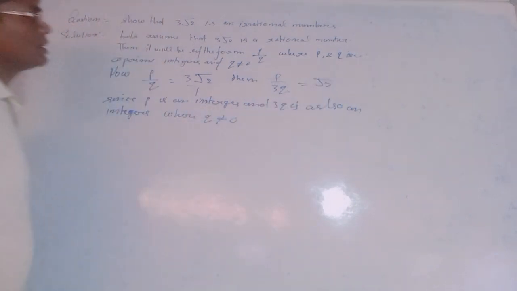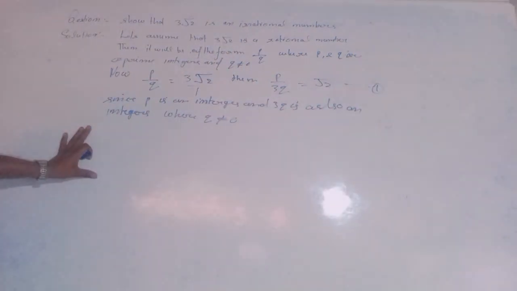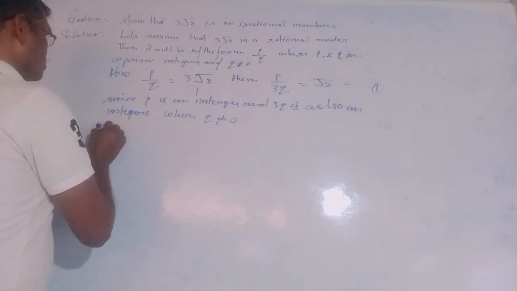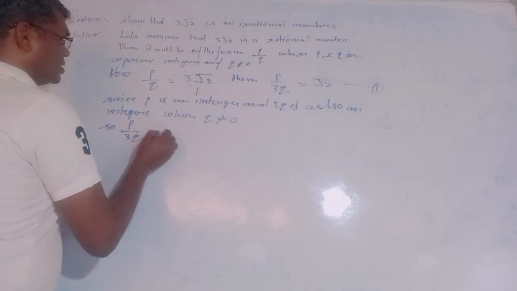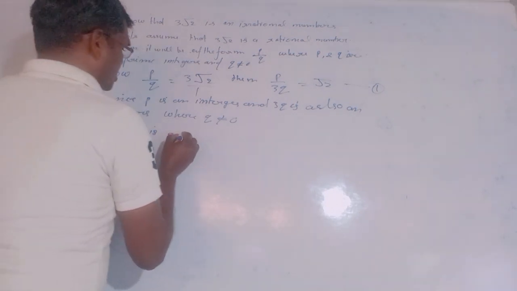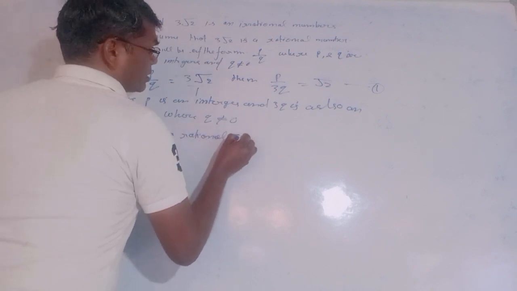And here is equation first. So p by 3q is a rational number.